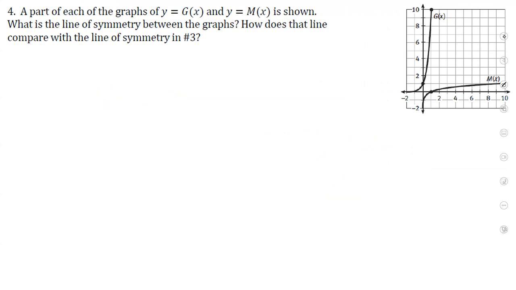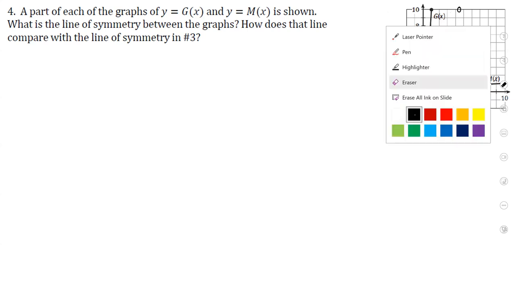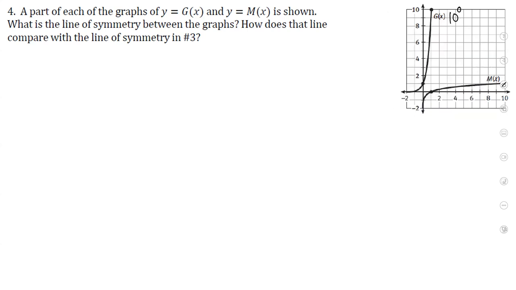this g of x graph, the equation here is exponential. So I'm going to put 2 to the 0. I'll just do that. Actually, I'll put 10 to the 0. That's more accurate. This point is 10 to the 0. This point is 10 to the 1.